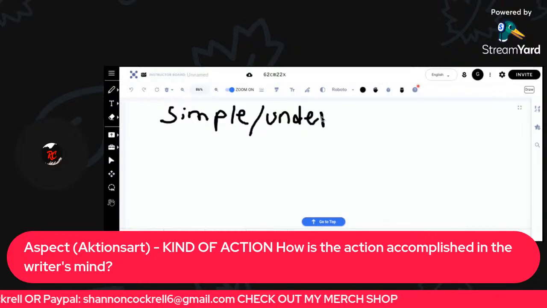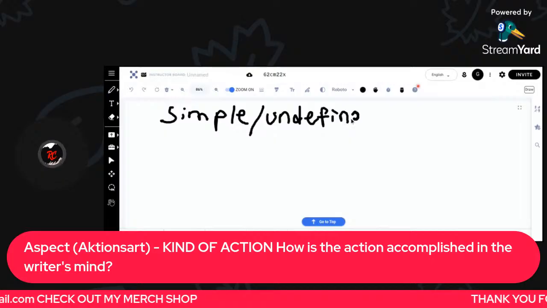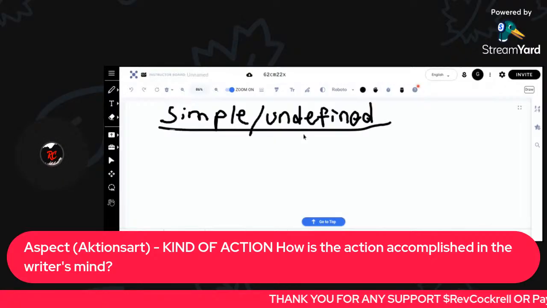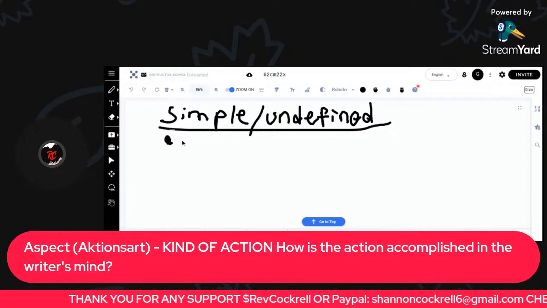Simple or undefined aspect. And what this is, it's like a fuzzy dot. It's just like a little fuzzy dot.